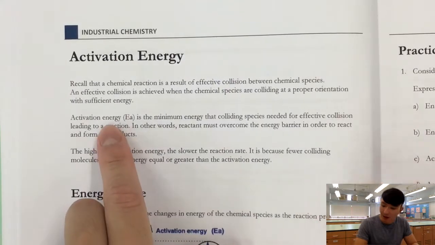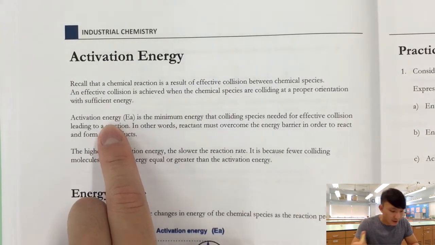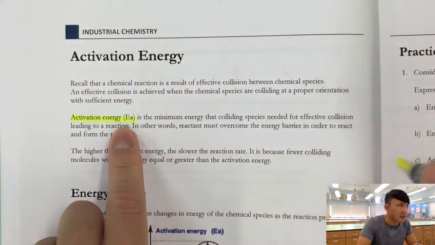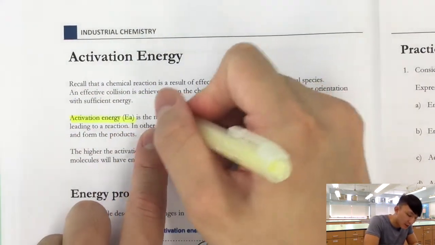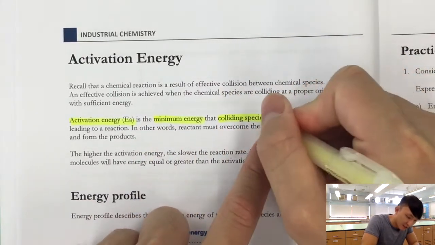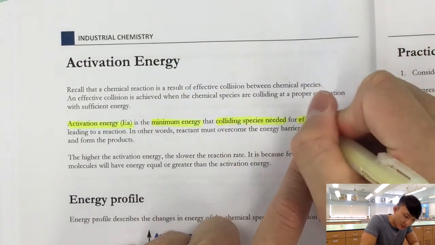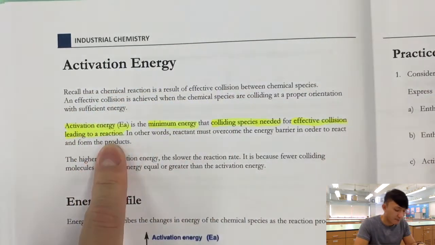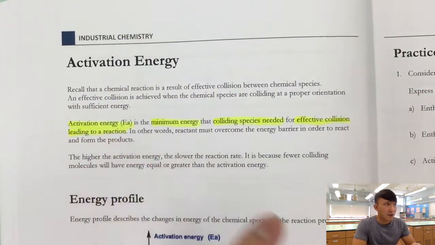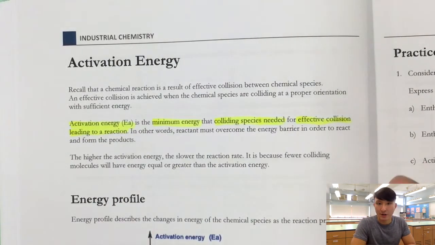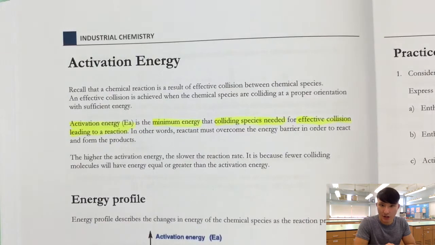So down here, I want you to underline this definition of activation energy. Activation energy is defined as the minimum energy that the colliding species need for effective collision and therefore leading to a reaction. So this activation energy basically tells you the minimum energy required in order to bring about a reaction.